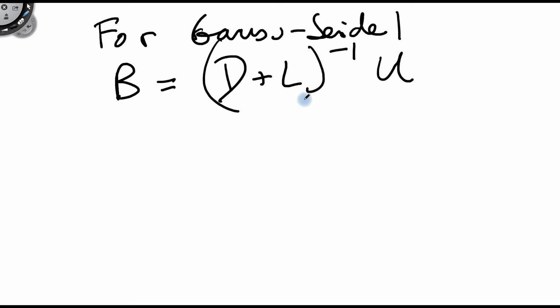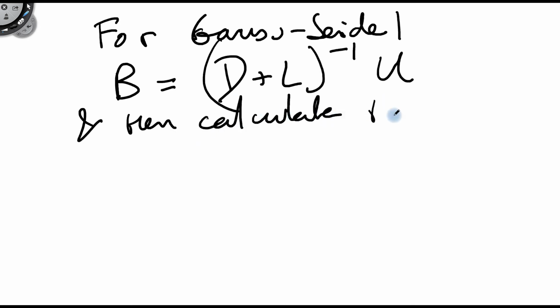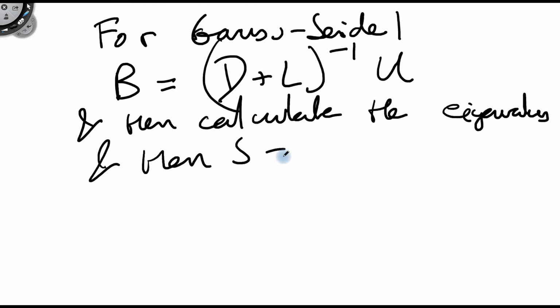It just requires you to do an inverse of a 2 by 2 matrix, which is something you know how to do. And then calculate the eigenvalues, and then S, which equals the maximum absolute value of the eigenvalues.